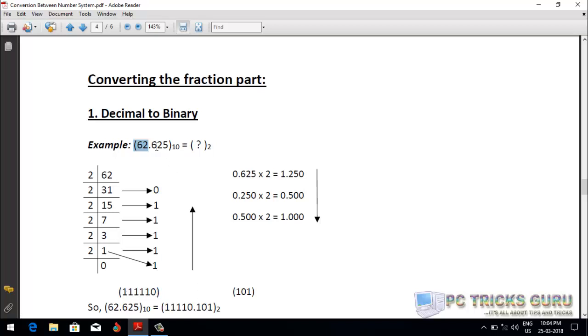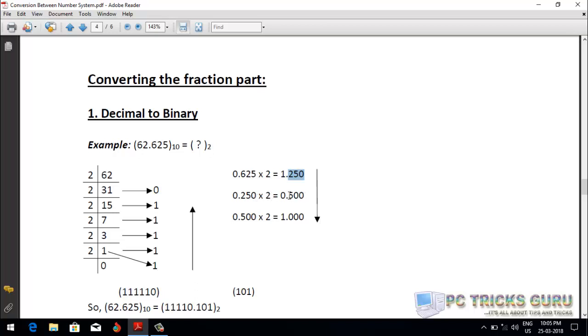Now for the fraction part, we have to write 0.625 and then multiply it by 2. It gives us the result 1.250. Now again, take the part after the point, 0.250, and multiply it by 2, which gives us the result 0.500.